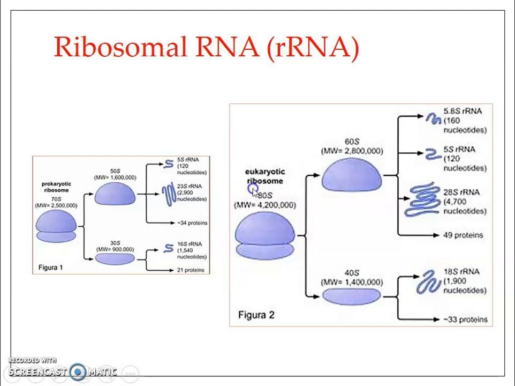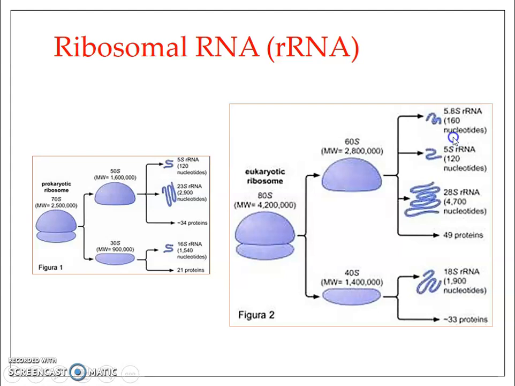Coming to the eukaryotic ribosome, including the human ones, it is 80S type and is formed of two subunits, the 60S and 40S. The 60S larger subunit is formed of three different kinds of rRNAs and about 49 ribosomal proteins.